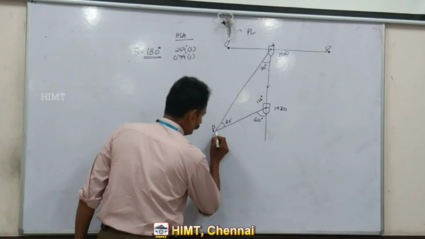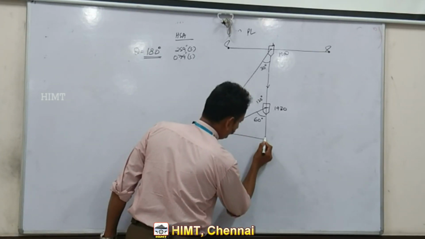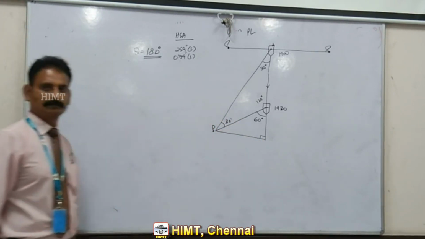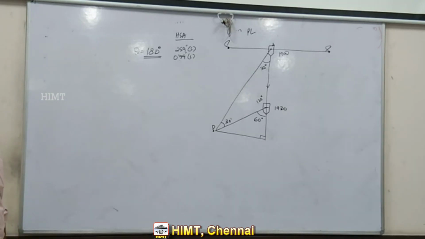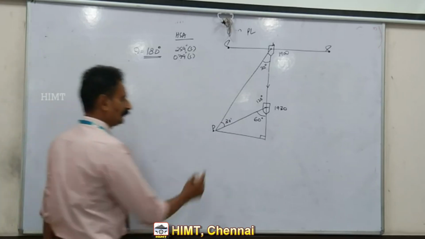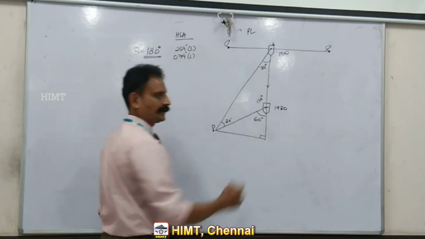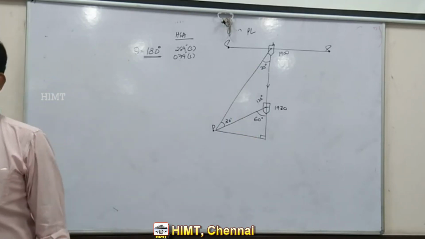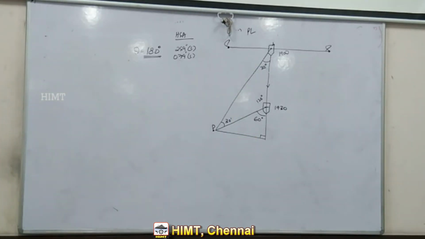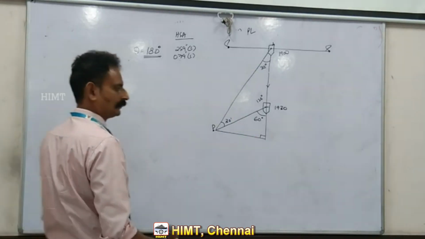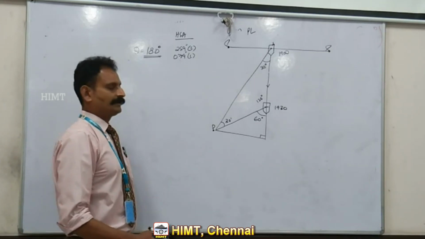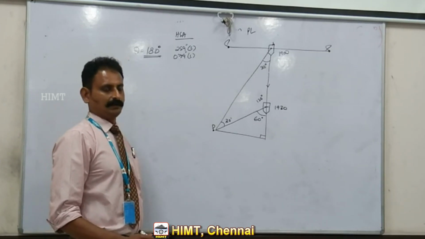So what I can do is extend a line 90 degree from here. I have completed two right angle triangles. One is a smaller right angle triangle, one is a bigger right angle triangle. You can do this method also. Now, why should I know this?